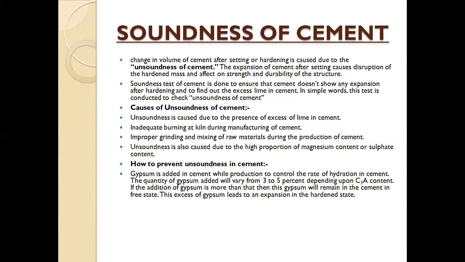So to prevent the unsoundness of the cement or change in volume, we have to limit the use of gypsum during manufacturing, about 3 to 5% only. If gypsum is added beyond this limit, it will remain in a free state and it will affect the volume of a cement.